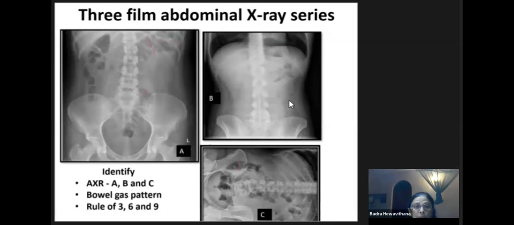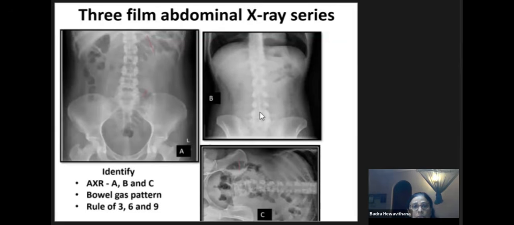Then you have the erect X-ray. If you find it difficult to interpret, especially after hours, if you can't find the radiological leak, you may do an erect X-ray. Because all these patients who come for these X-rays, they are in pain sometimes. Supine X-ray would be the best.